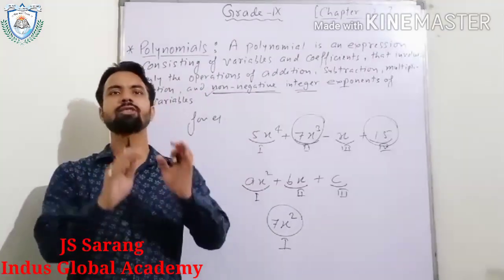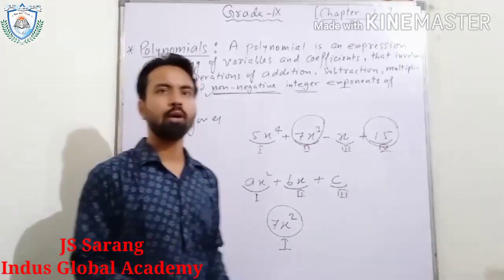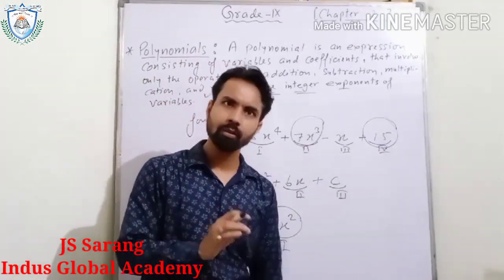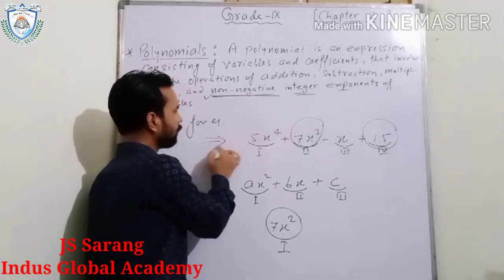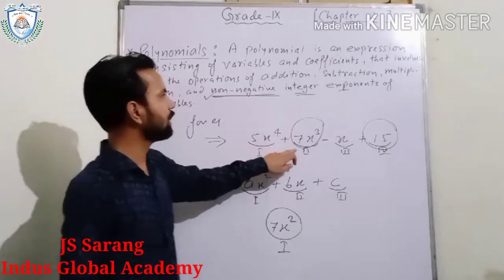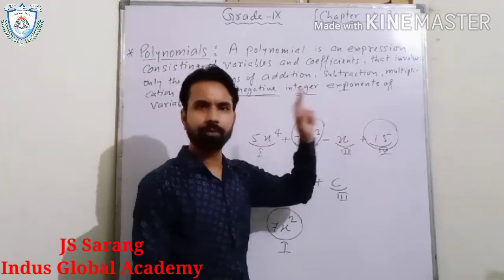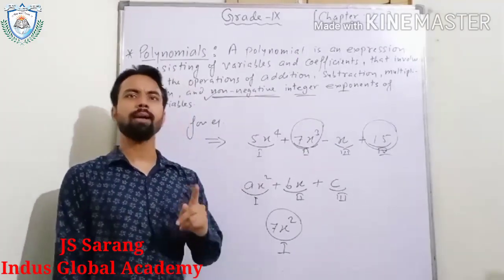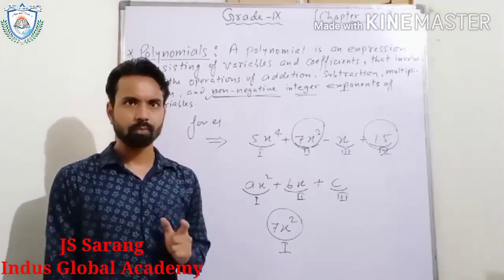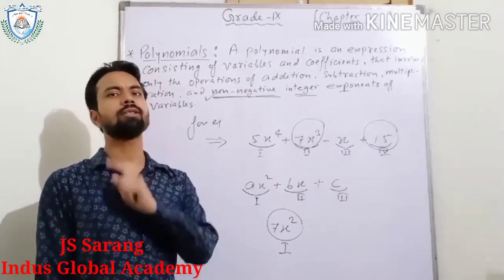Now, our next topic is coefficient of the terms. For example, suppose this polynomial is given: 5x to the power 4 plus 7x cube minus x plus 15. Somebody asks you, what is the coefficient of x to the power 4?